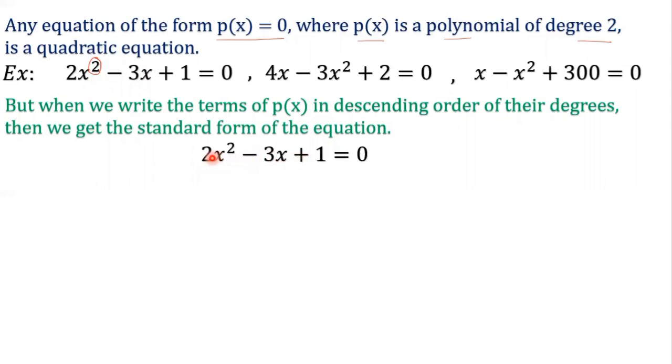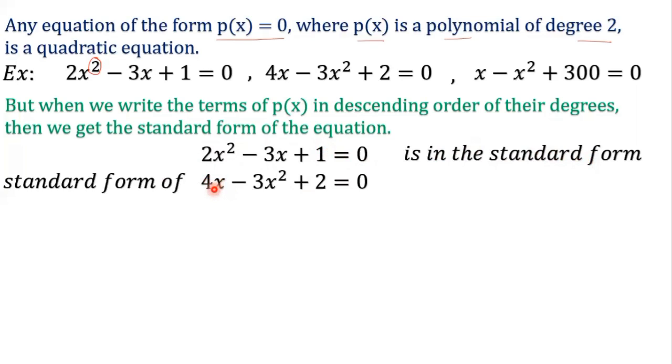Here the terms are arranged in the descending order of their degrees. So, this is the standard form of a quadratic equation. 2x square minus 3x plus 1 is equal to 0 is already in the standard form.